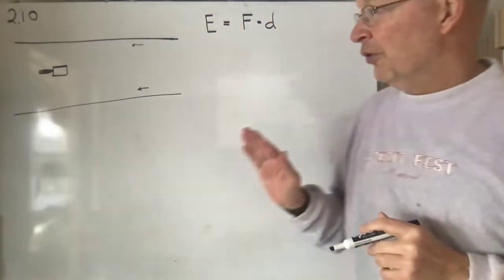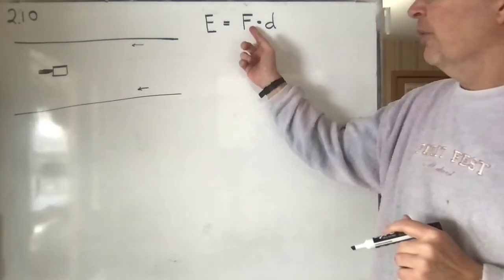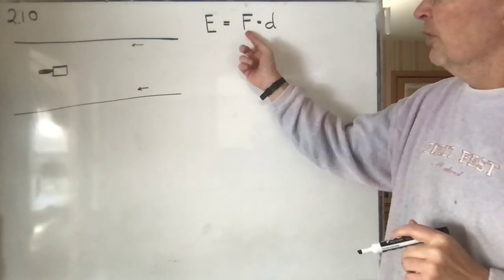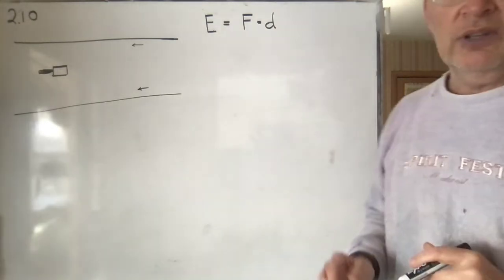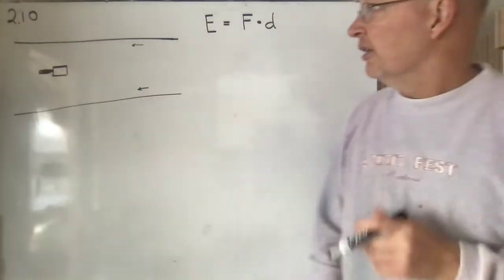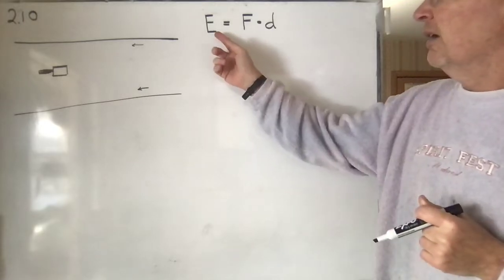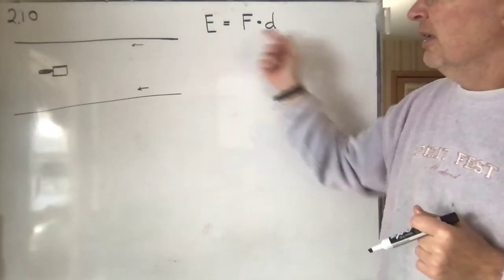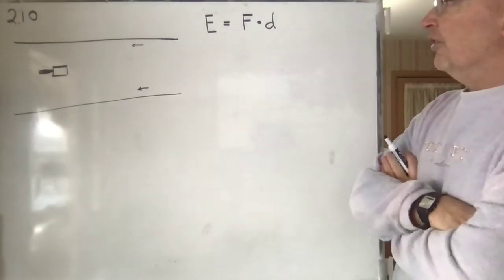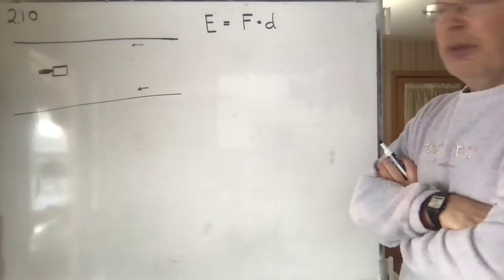Okay? So if you push something down a sidewalk, and you are pushing with a certain force and you push it a certain distance, all you have to do is take the units of force and the units of distance, and you multiply those together, and you get the amount of energy that you expended in pushing it down the sidewalk. And so that's what we wanted to minimize.